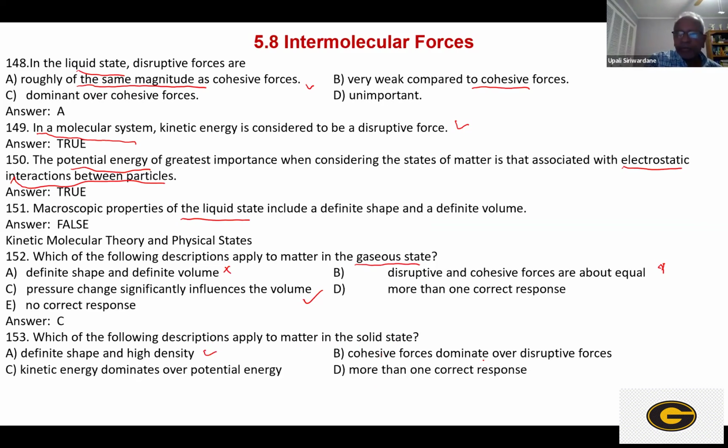Cohesive forces dominate over the disruptive. That's correct. Kinetic energy dominates over the potential energy. That's not correct. Therefore, there are more than two correct answers. D is the choice with more than two correct answers.